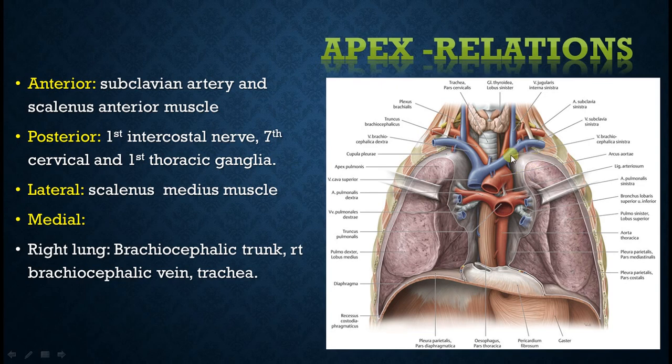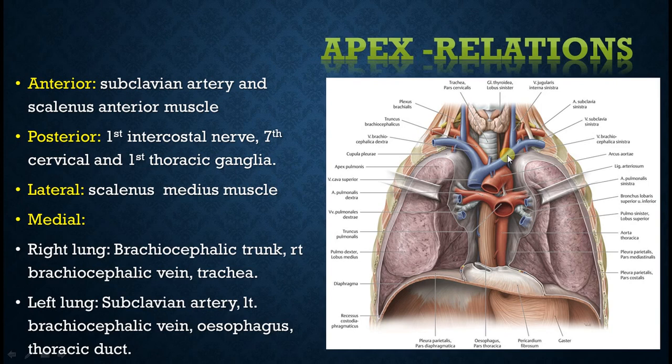On the left side, you see, it will be related to the left subclavian artery, left brachiocephalic vein, then the esophagus. So subclavian artery, left brachiocephalic vein, esophagus, and of course the thoracic duct, the largest lymphatic trunk or lymphatic duct, which is again not shown in this view.